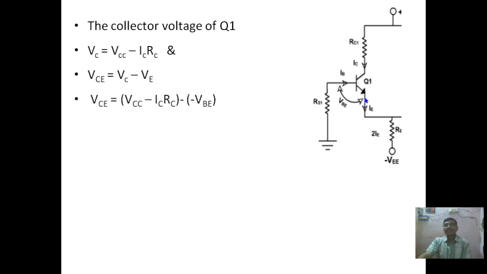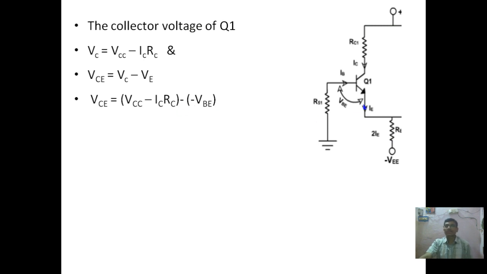Next we have to find out the voltage at the emitter terminal, and the voltage at the emitter terminal is nothing but the VBE voltage, and it is a minus voltage. So VCE is equal to Vc minus VE, the voltage at node C minus the voltage at node E. We already calculated the Vc value, Vc is VCC minus ICRC. Replacing this Vc value, VCE is equal to VCC minus ICRC minus of minus VBE.